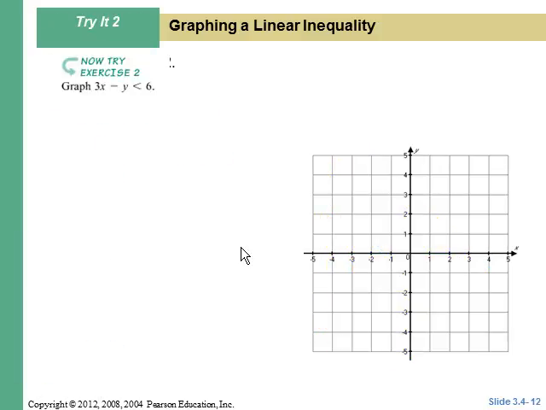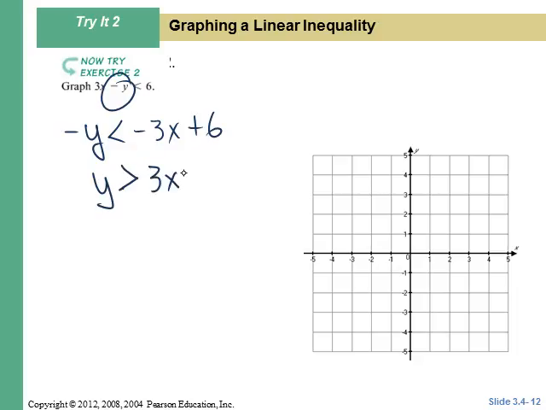You do this one. Okay, so the deal with this one is that when you get it solved, you have negative y is less than negative 3x plus 6, or y is greater than 3x minus 6. Remember, if this is negative, you have to change every single sign, including the sense, the less than to a greater than.